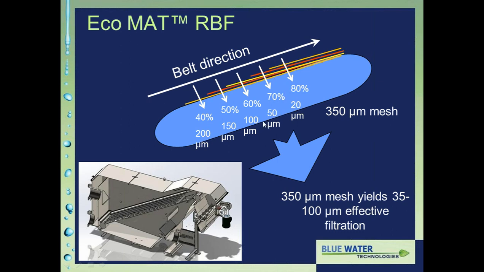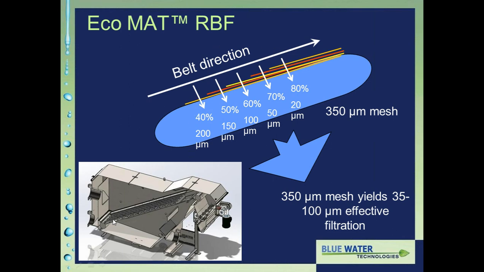So your particle distribution will drop significantly and drastically, and you're effectively filtering the water that comes through the system. So that's the reason why we're able to get capture rates up to 70 to 90% of TSS. And that's the real mechanism behind operation of this technology.